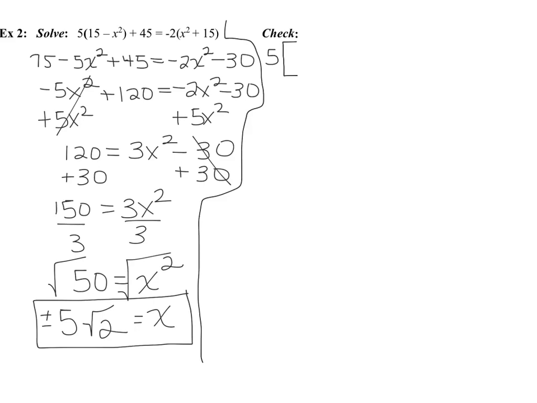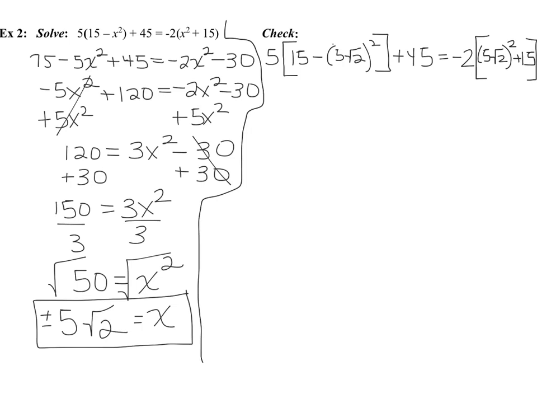So inside my bracket, I'm going to have 15 minus, in parentheses, 5 square root of 2 squared, close your brackets, plus 45 equals negative 2, put a bracket, inside parentheses, we're going to do 5 square root of 2 squared plus 15.